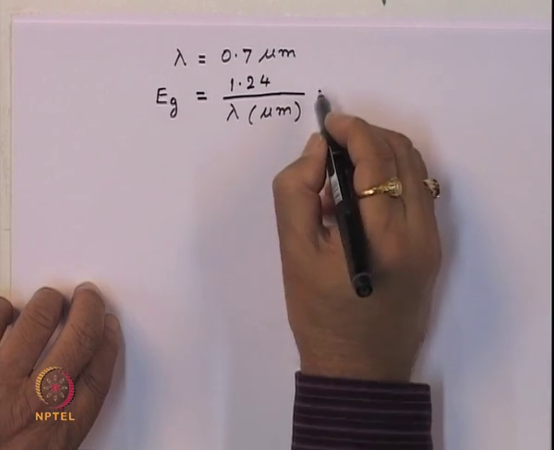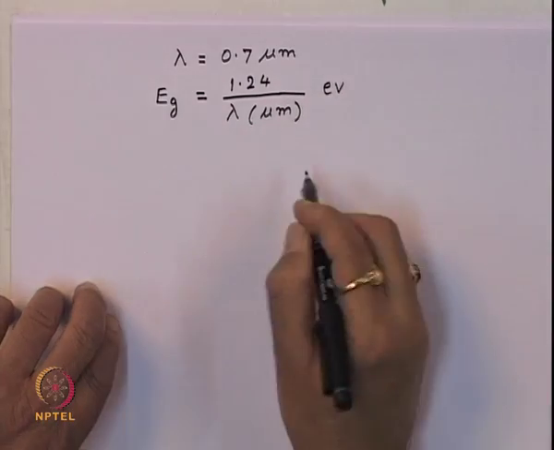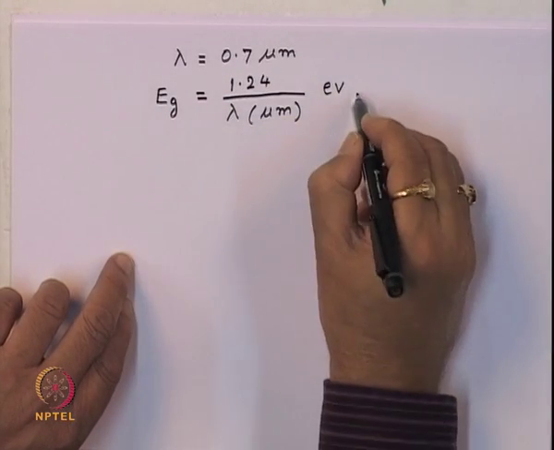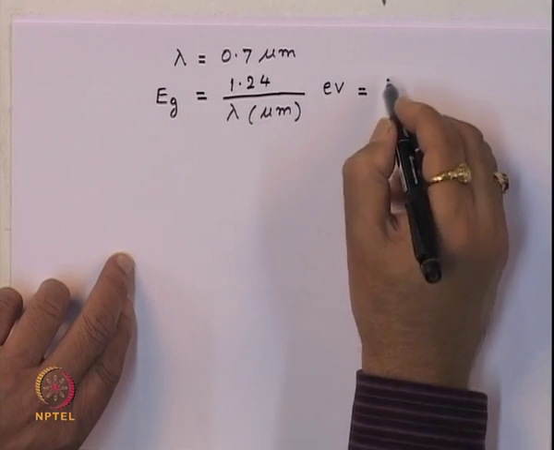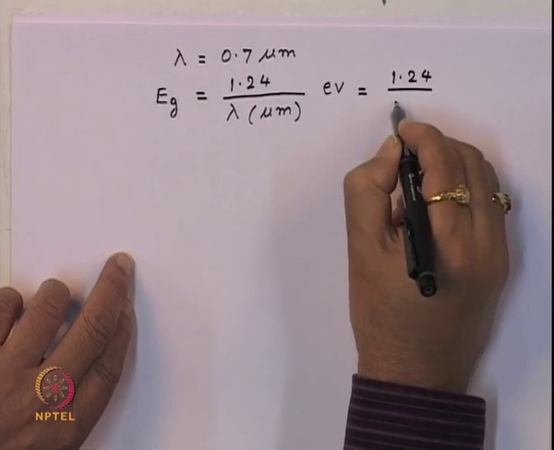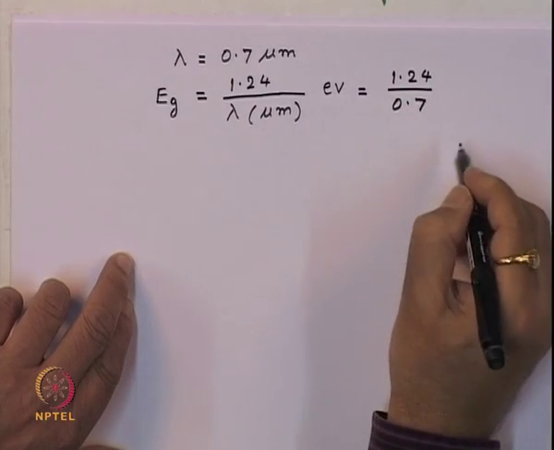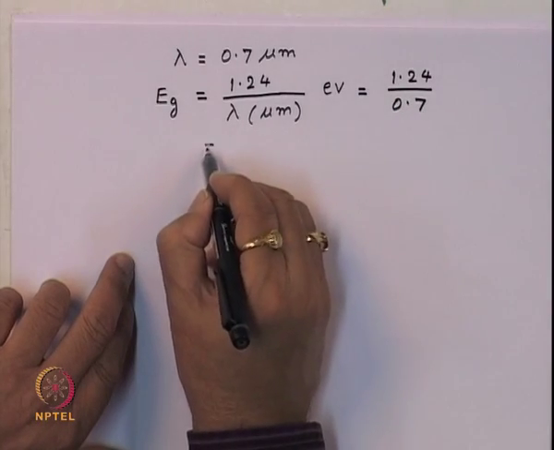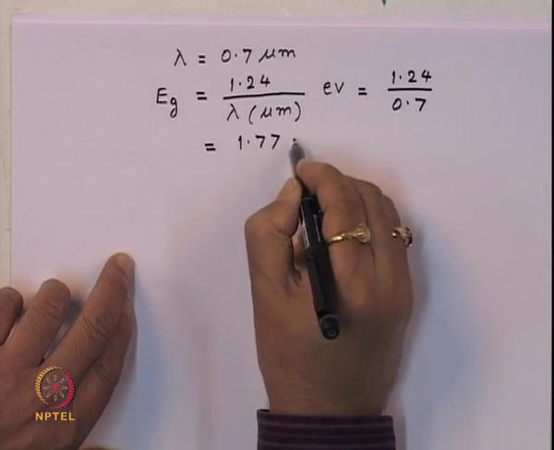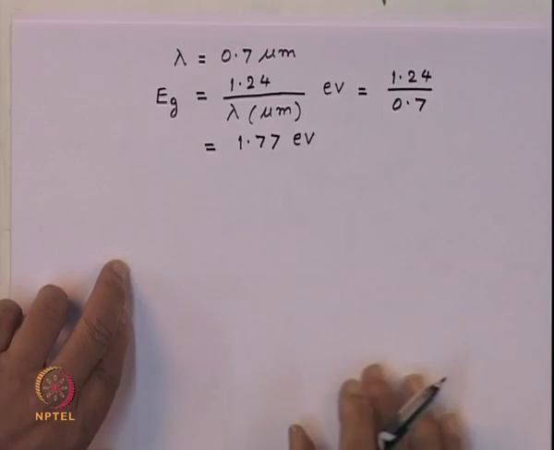This band gap energy is given in terms of electron volts. So, if you substitute 0.7 in this, we get the band gap energy, which is 1.24 divided by 0.7, that is equal to 1.77 electron volts.